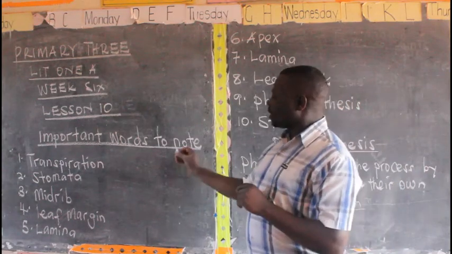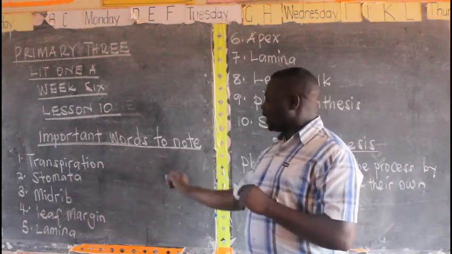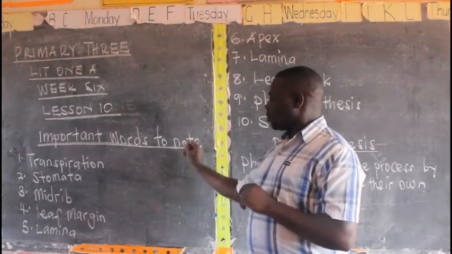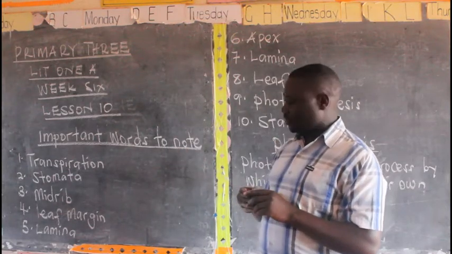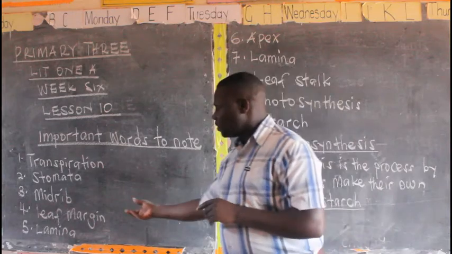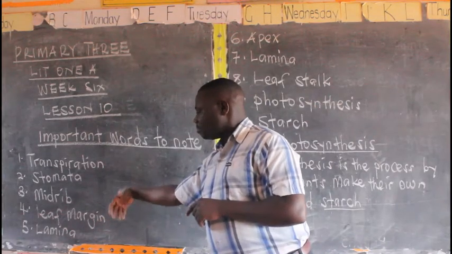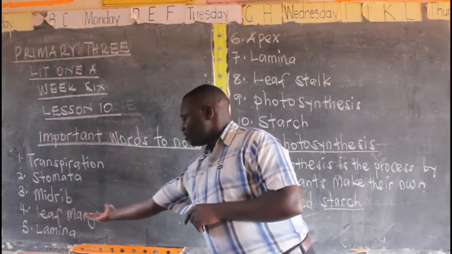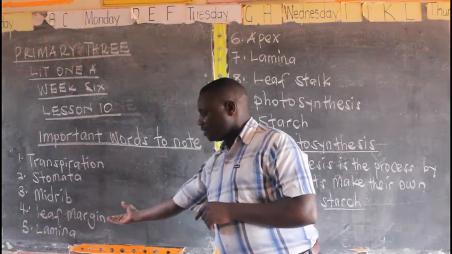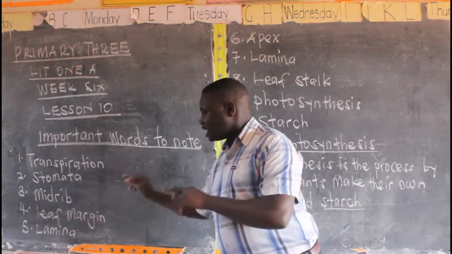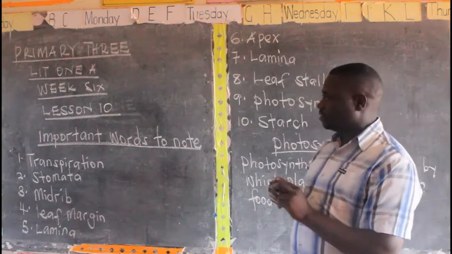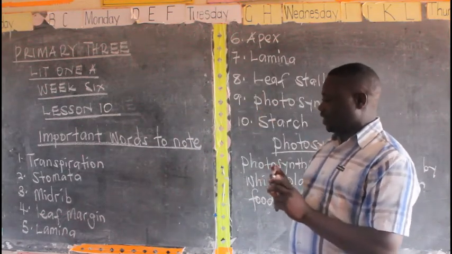And when you get time, try to draw your own leaf without using a book, such that you can know how to name some important parts of the leaf. Then you have leaf margin. This one is the outer part of the leaf.